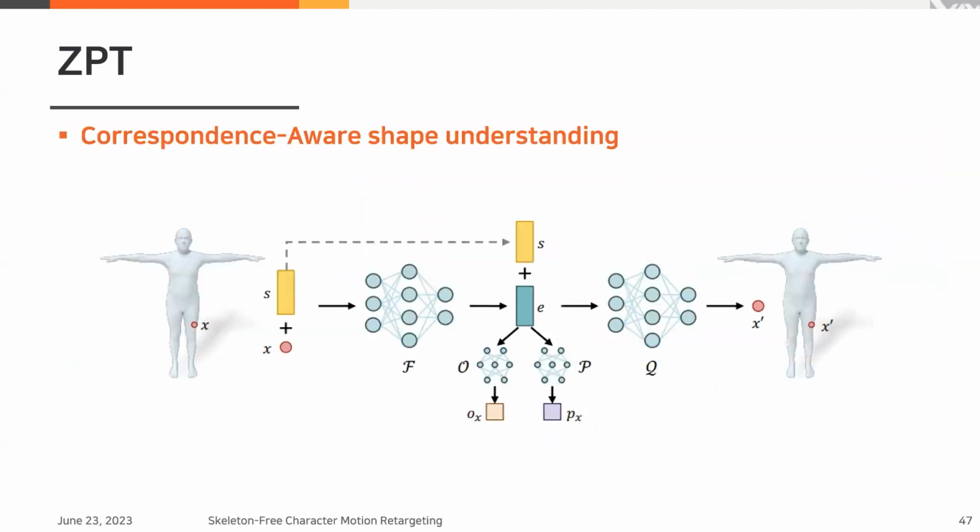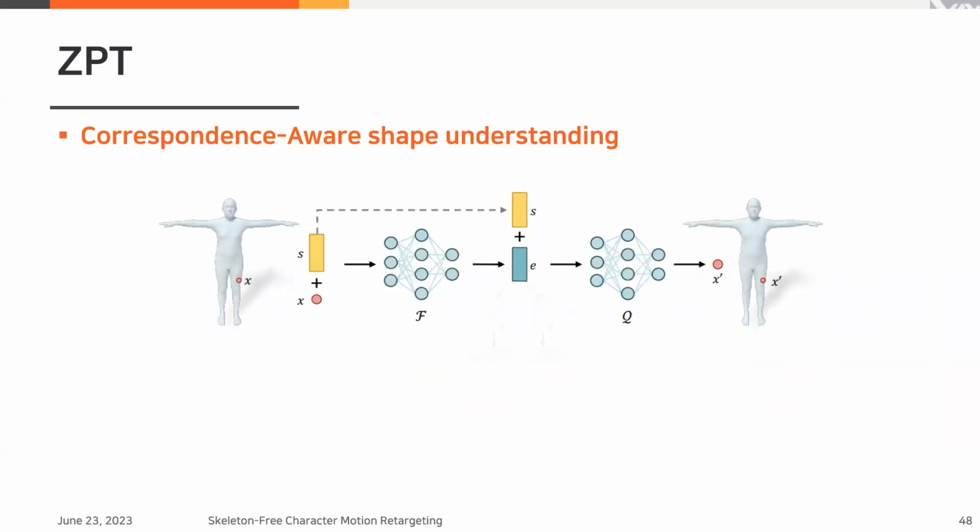The overview of the correspondence-aware shape understanding module is as follows. This module is trained to predict a latent shape code and part segmentation label of a 3D character in rest pose. To learn a representative shape code, they employ an auto-decoder architecture that reconstructs the 3D character, taking the shape code as input.